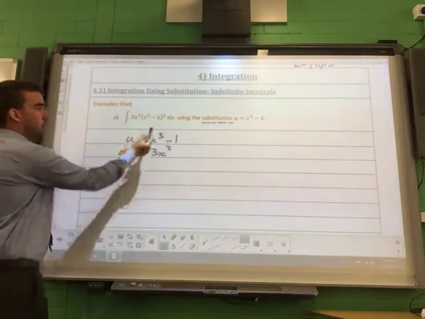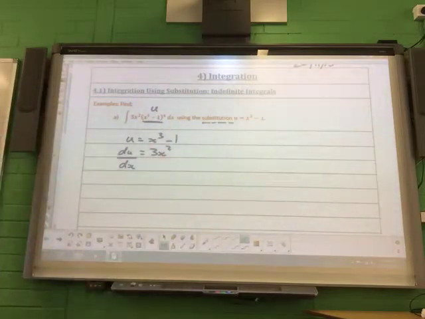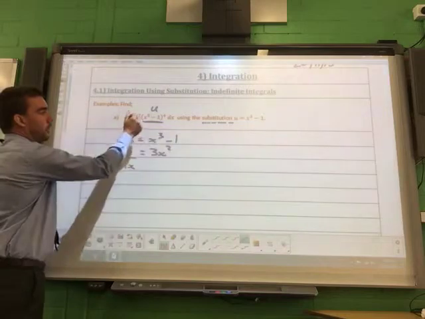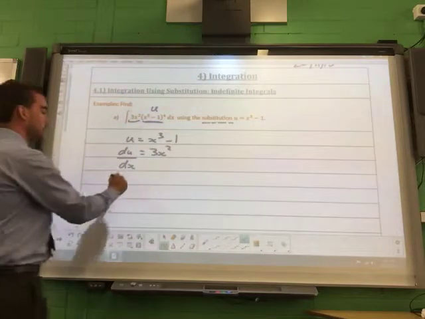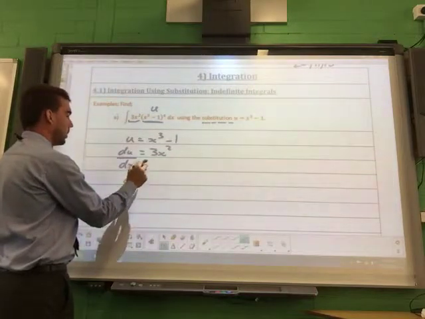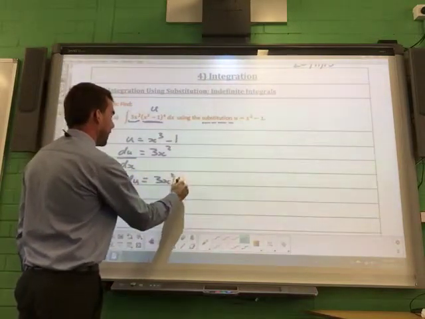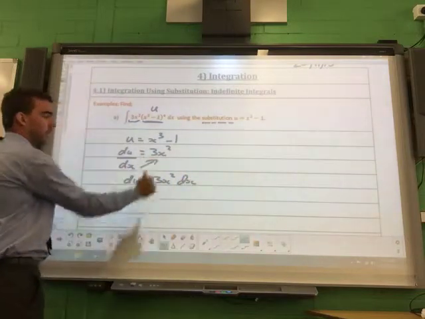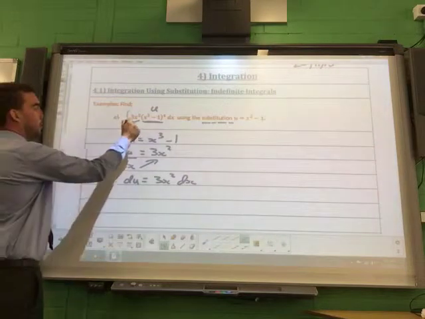If I replace this part, that will be replaced with u, so that becomes u to the power of 4. And I've got 3x squared, so I'm going to do a replacement with that. So du is equal to 3x squared dx, so just bring that up to that side, it's your fraction skill. And here I've got 3x squared dx.